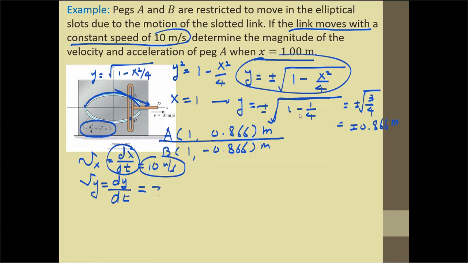Whereas negative is the function down below the x-axis: y equals negative square root of 1 minus x squared over 4.